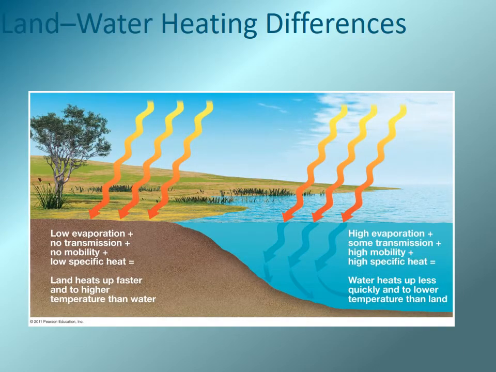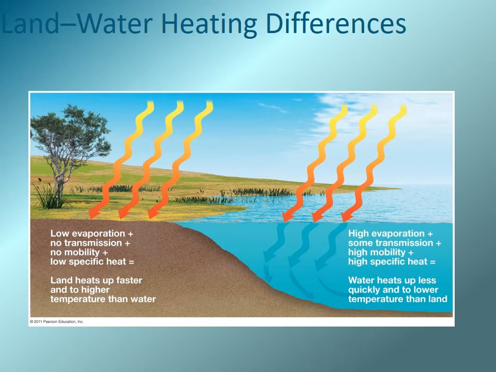Now, the one control of temperature that you might have to get used to a little bit is the difference between land and water. On a physical or chemical basis, land has a low specific heat.